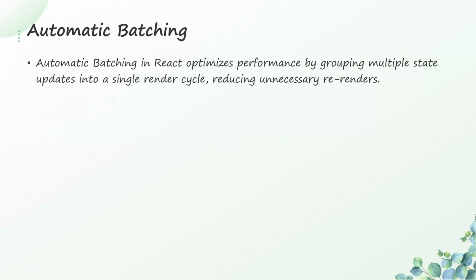So instead of running those updates one by one, we put them in one single batch and run them once. That means the render method will be called only once instead of multiple times. Don't worry if you don't understand this, it is advanced. We will talk about it later on.